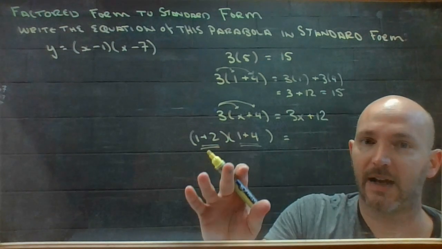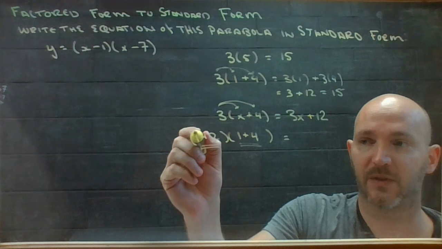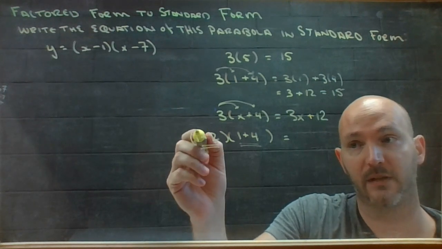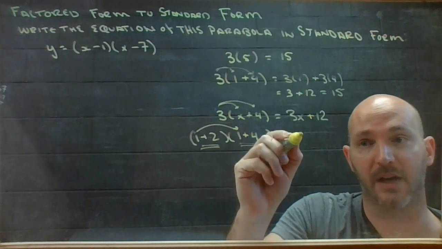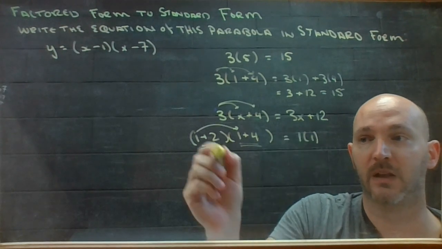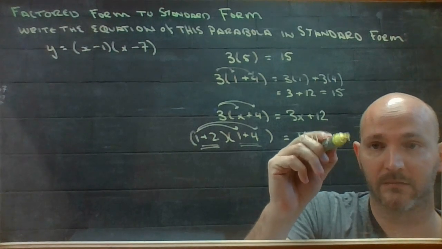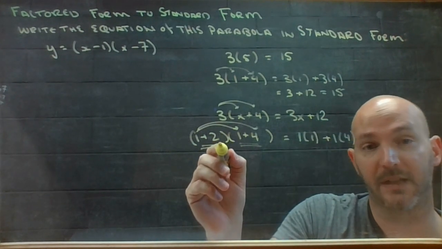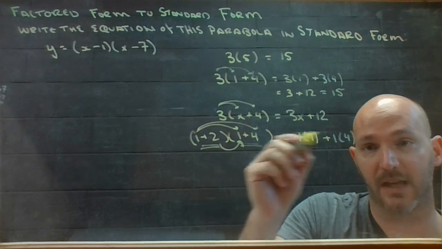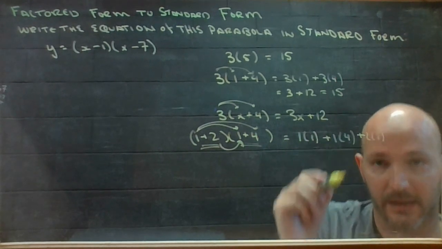So the way you kind of hack through this is you pick something from the first bracket. I'm going to start with a 1, and you multiply it by something in this bracket. And then you multiply it by something else in that bracket. Then you pick something in this bracket and multiply it by something in that bracket.